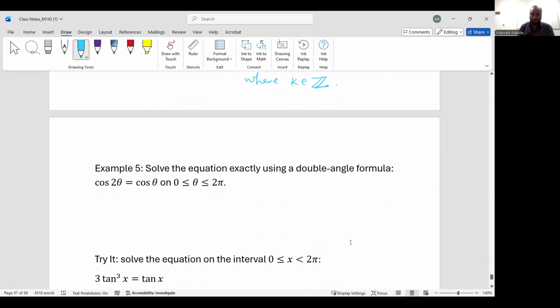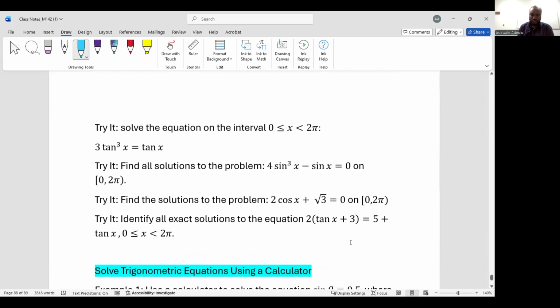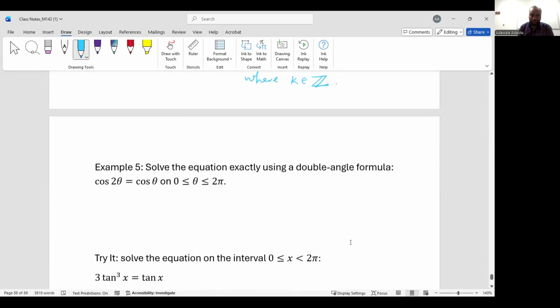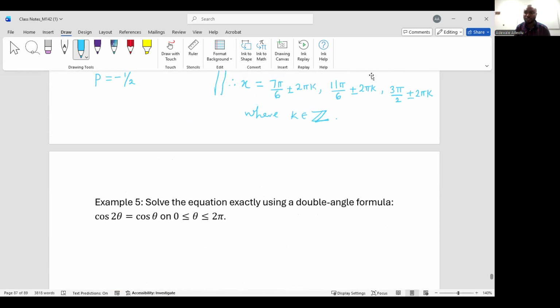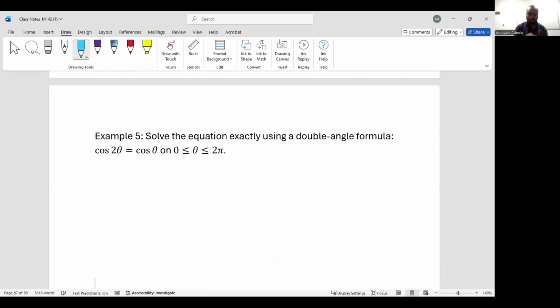Okay, let us solve this example. Oh, I like this example. Solve the equation exactly using the double angle formula.